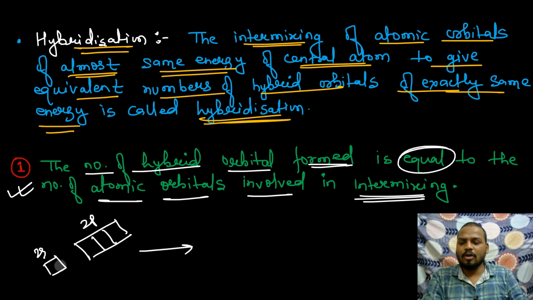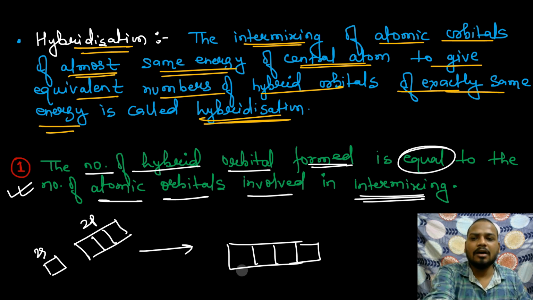Here 4 atomic orbitals are going to intermix, therefore we will get 4 hybrid orbitals, and the energies of these hybrid orbitals are similar to each other, and these are called degenerate orbitals.